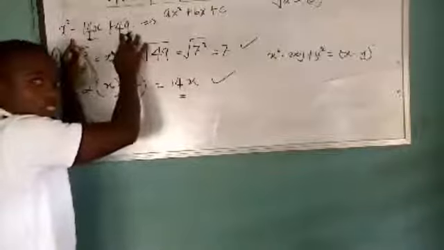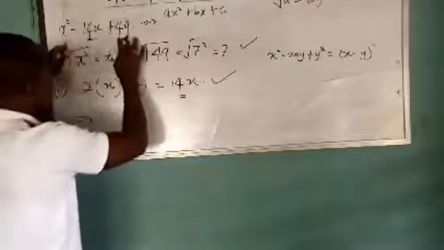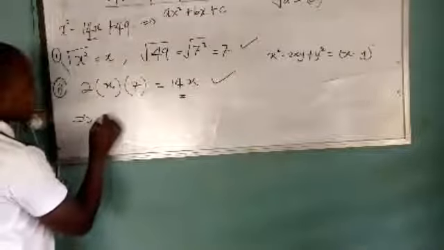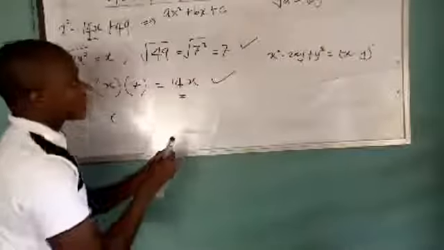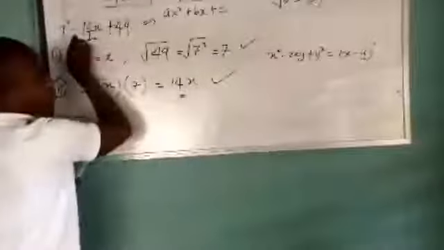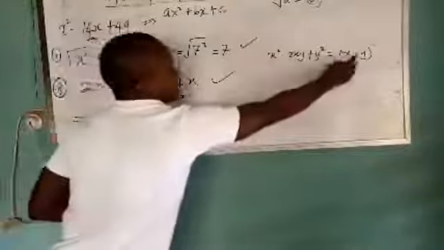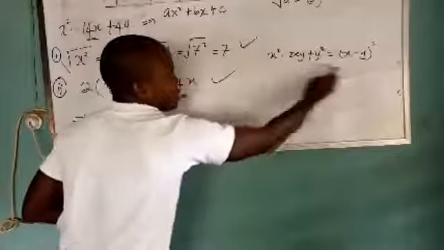So if you want to factor this one, it will be a subtraction, because here we have minus. If it were plus here, definitely we would have plus, but it's minus, so we have minus.